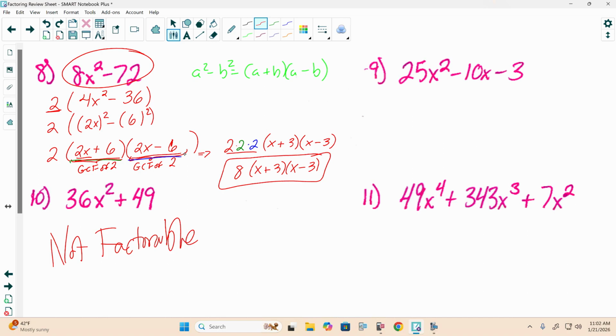I noticed when we got to the end, 4x squared minus 36 factors, difference of perfect squares, because 4x squared is 2x times 2x. 36 is 6 times 6, yes? So we can do difference of perfect squares. The only reason I needed to do this again was, well, I saw 2x and 6. 2x and 6 do have a common factor of 2. We can pull it out.